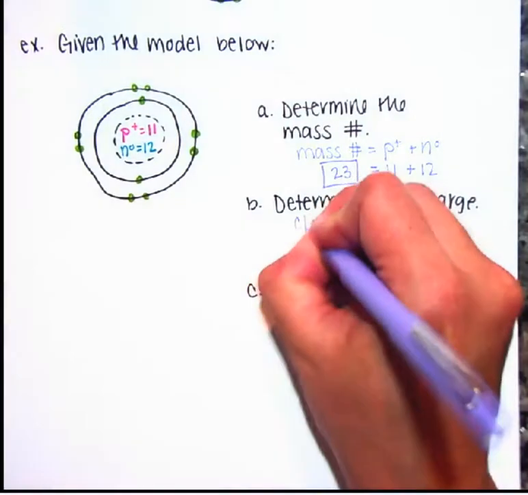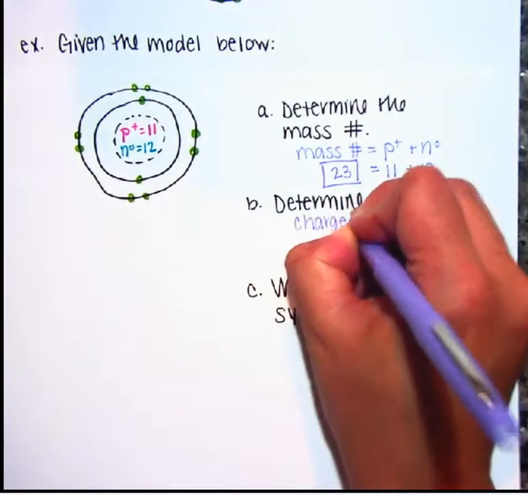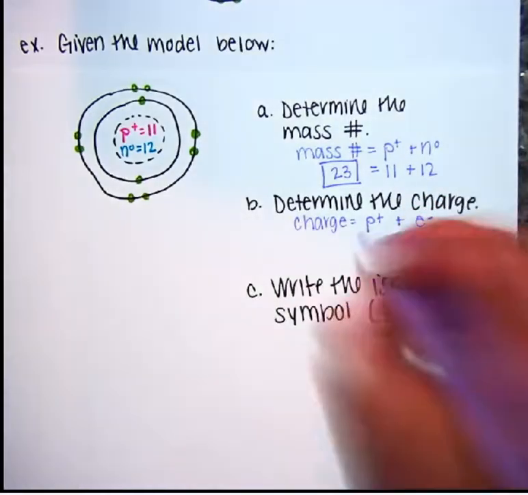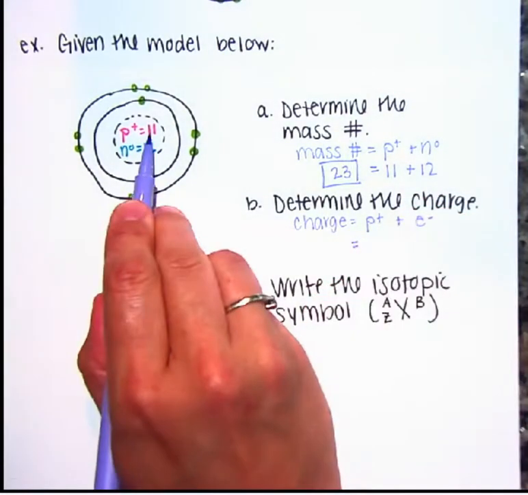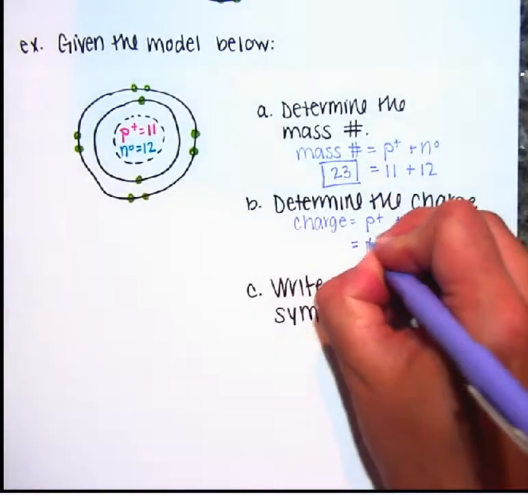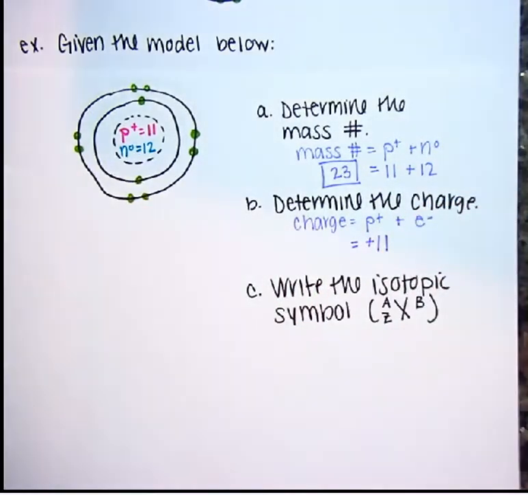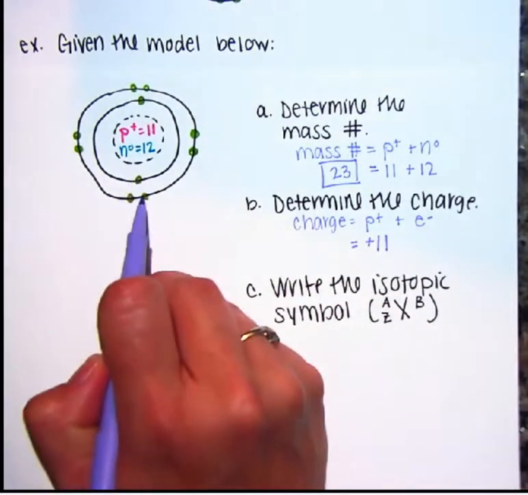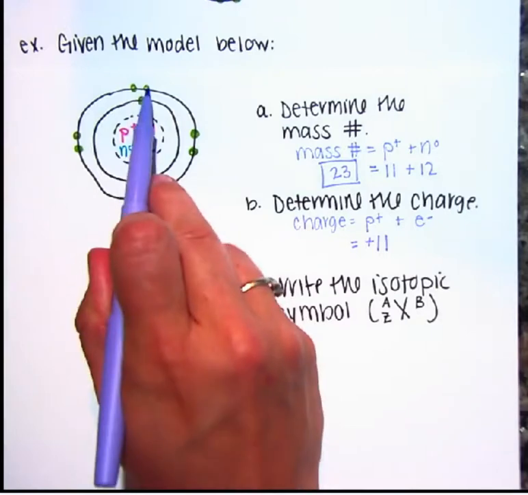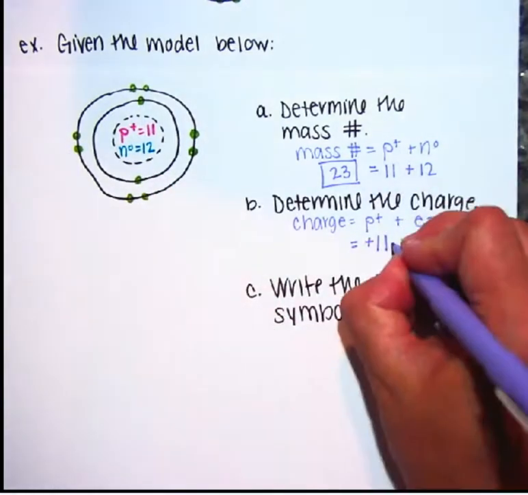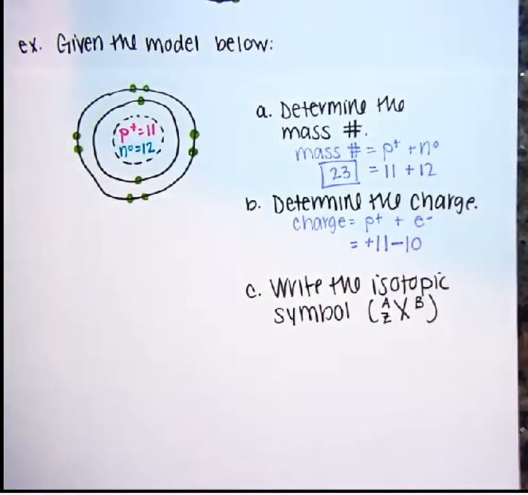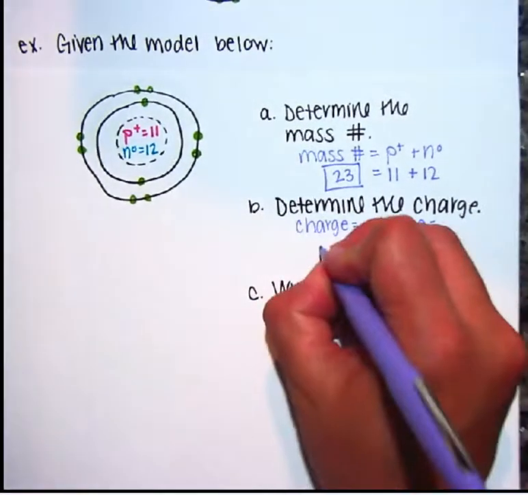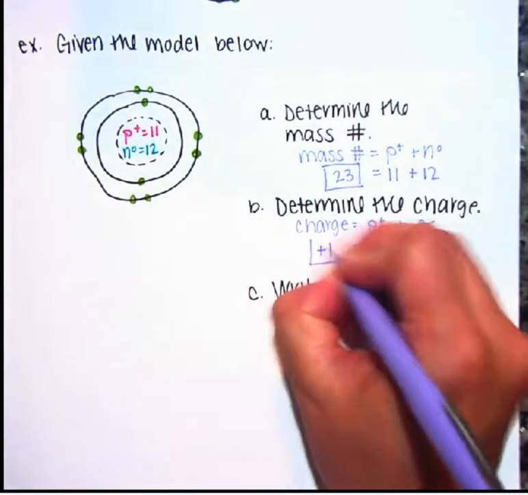When we are looking at the charge we are going to look at protons and electrons. Protons are positive, and I have 11 of them. Electrons, 1, 2, 3, 4, 5, 6, 7, 8, 9, 10. Electrons are negative. If I have 11 positives and only 10 negatives, my charge is going to be +1.